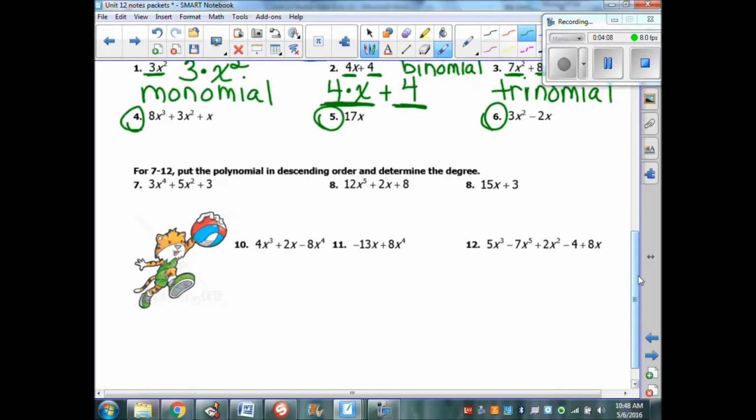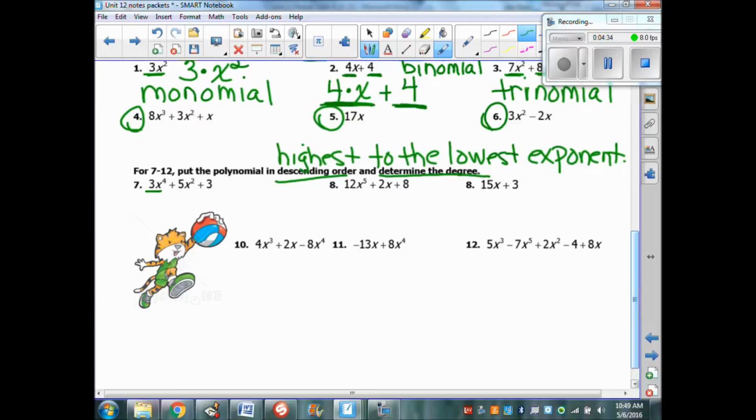7 through 12 says, put the polynomial in descending order and then determine the degree. Descending order means the highest to the lowest exponent. And then we've got to determine the degree. So we have 2 steps in this section.